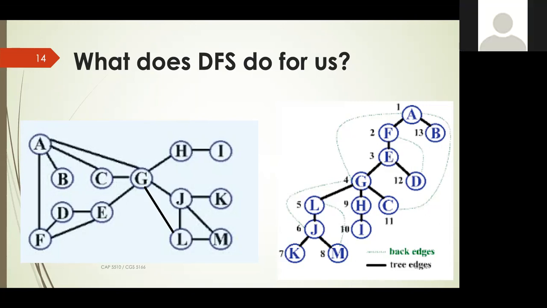Wait, can you repeat that again? Okay, so I've started at A, and here is where I reach E. So I have this as my tree edges, right? These big fat edges are the tree edges. Now I need to find a path back that uses back edges, but I don't even see a back edge going off from here.